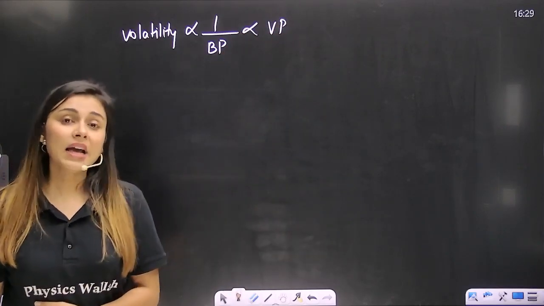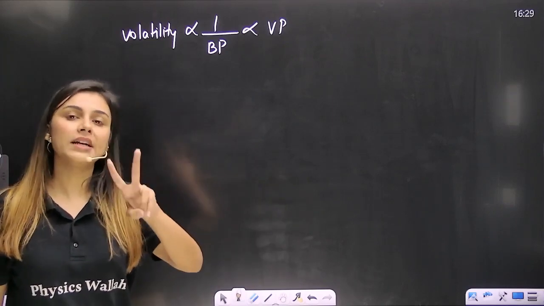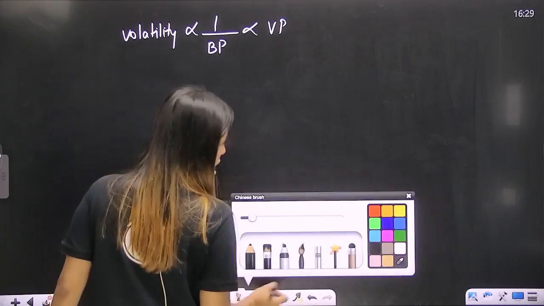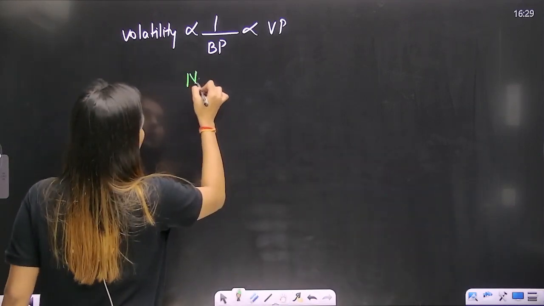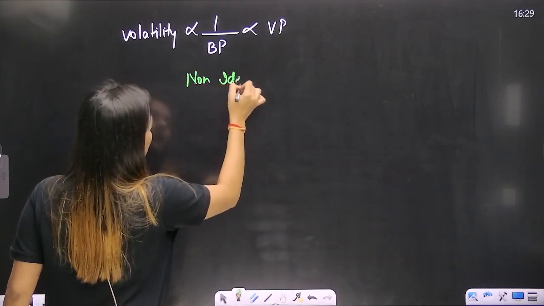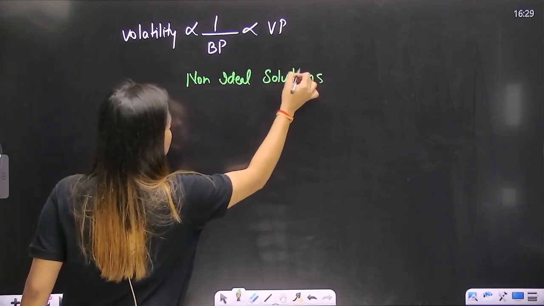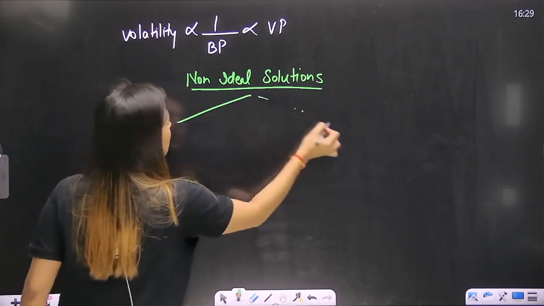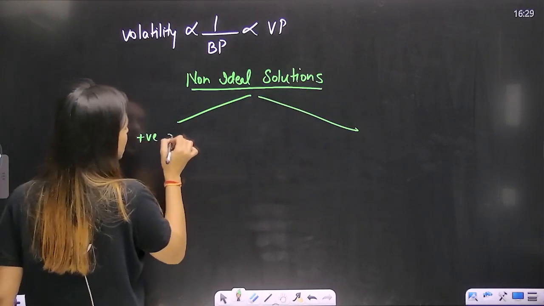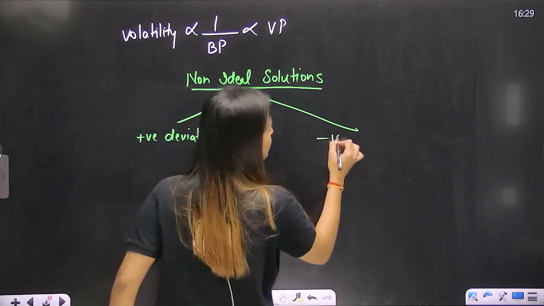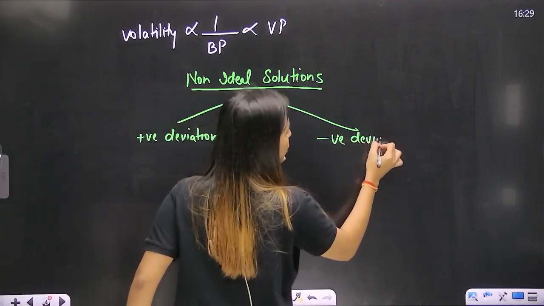Now, I have told you two types of non-ideal solutions, right? Yes, we talked about two different types of non-ideal solutions. Right? Yes. What were these two? One was positive deviation from Raoult's law and one was negative deviation from Raoult's law.